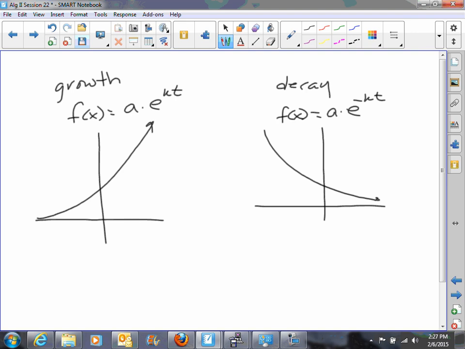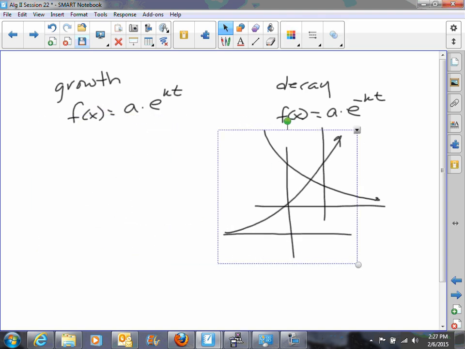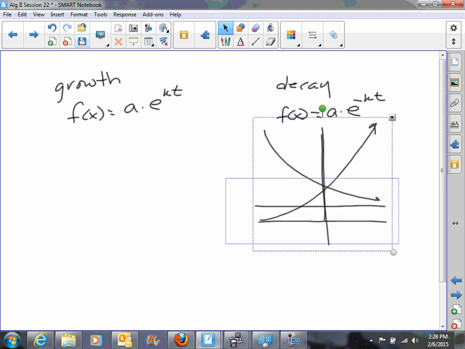So basically, a lot of times what you have to do, if you've got something that's either growing or decaying, you have to ask yourself, is this a situation where as time goes by there's going to be more, or as time goes by there's going to be less? And that's one way to decide whether we're talking about a growth or decay situation.